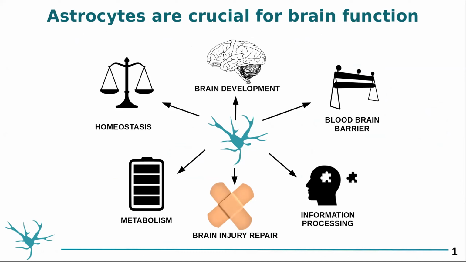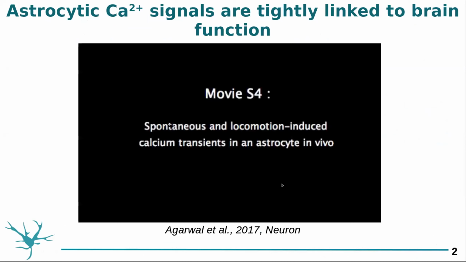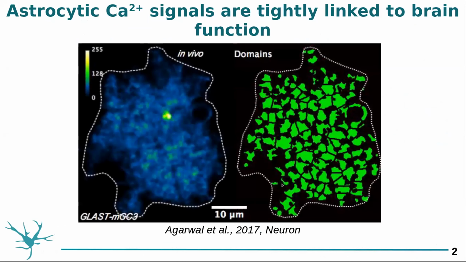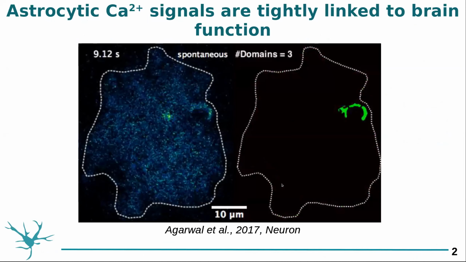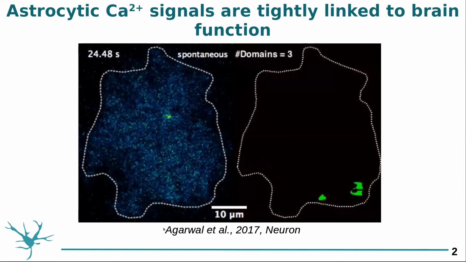So I will be very quick in the introduction because we had already amazing talks showing notably all of the roles that astrocytes can play in the brain, and here we're going to focus on their role in information processing. So here there is a video in which you can see calcium activity in a whole astrocyte territory from Agarwal and collaborators.